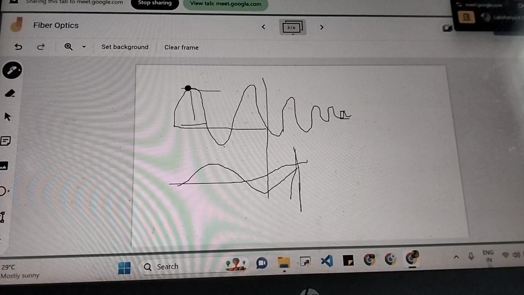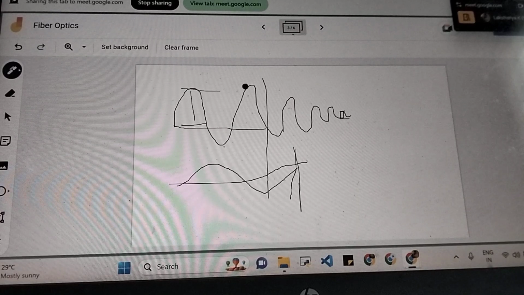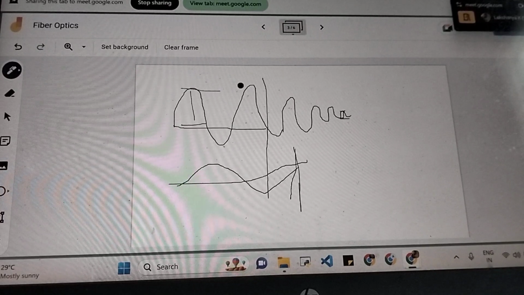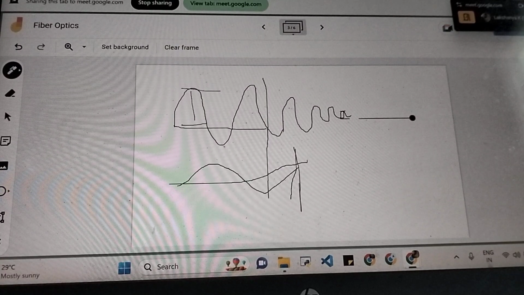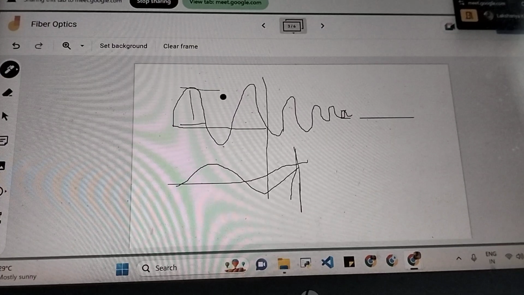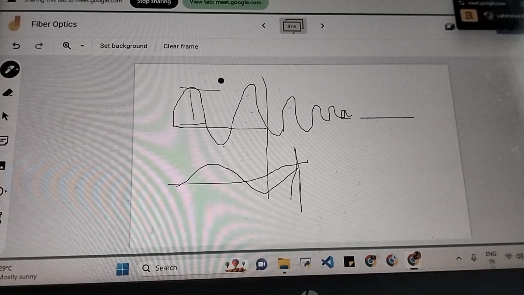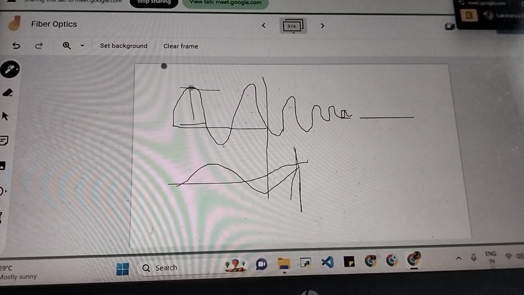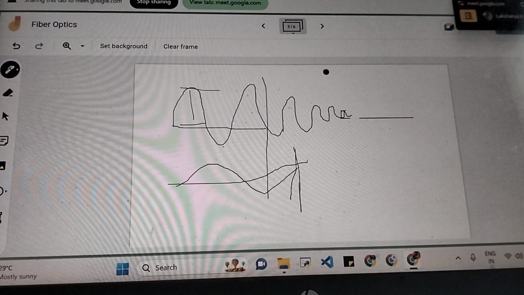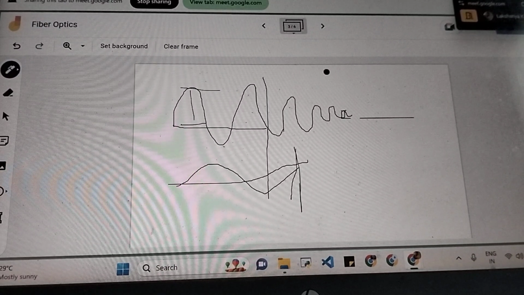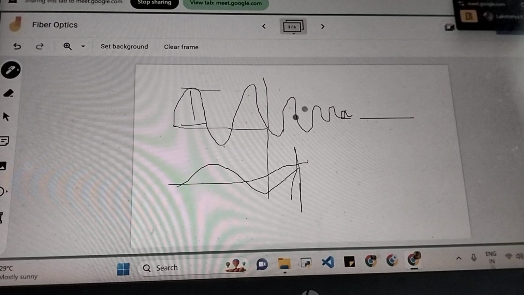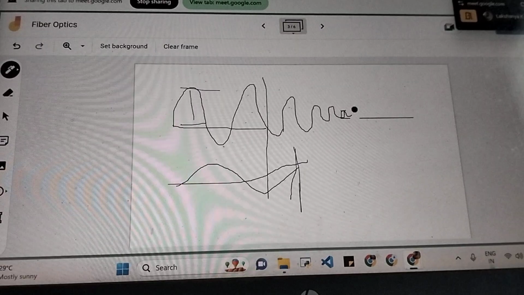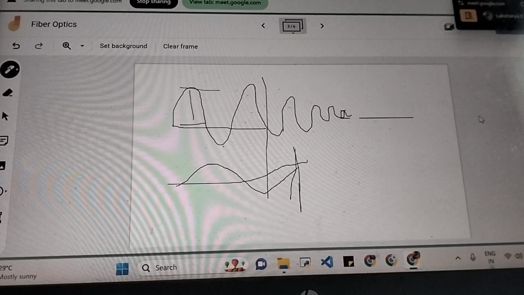The first time it will go to a really great height, the second time also a good enough height, but slowly the height starts reducing and after a point it just stays on the floor. Why does this happen? Because the ball is dealing with gravity and air resistance and all of those forces which consume the kinetic energy of the ball, which is why it cannot rise to the same height every time. The height eventually starts decreasing and after a point it becomes null.